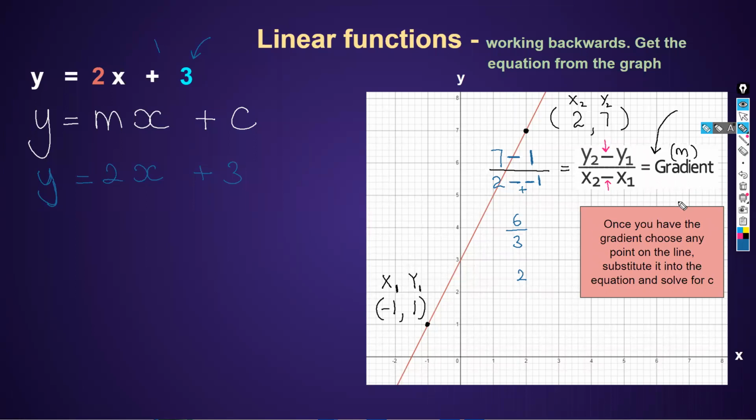Or you could use this note underneath here. Everyone take down this note. This shows you how to find the value of C without directly looking at the graph to see where it cuts the y-axis. And you're probably wondering, well, if I could just look at the graph, why is it showing me how to calculate it? I'll show you why just now.